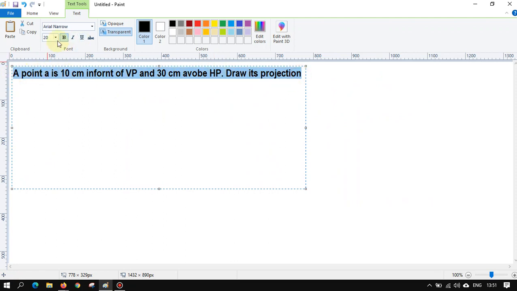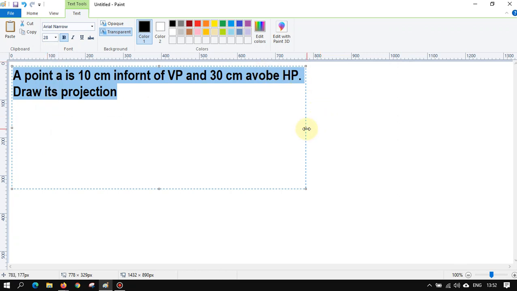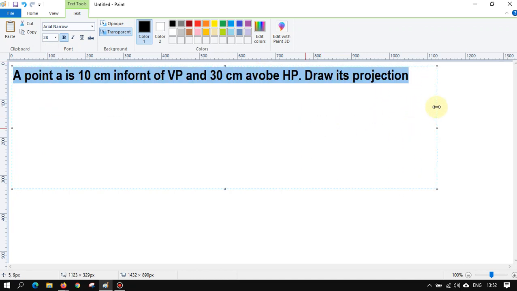It would be better if I increase the font size, because visibility is the most important thing. Can you see the screen? Is it visible to you people? Yes, sir. Okay, fine.